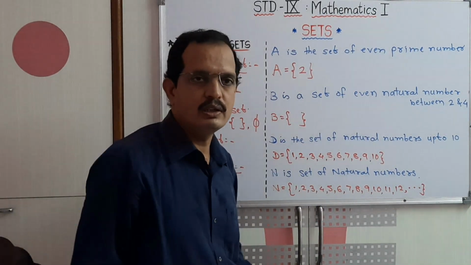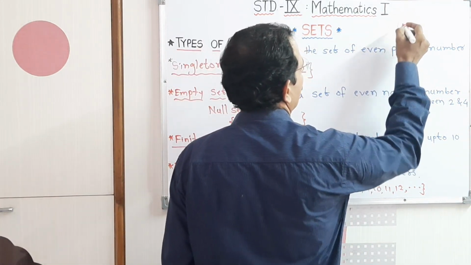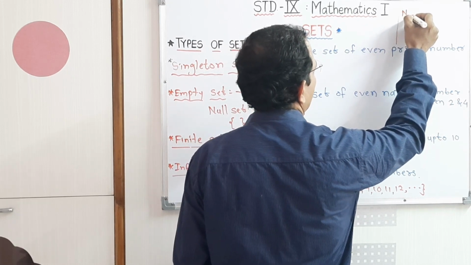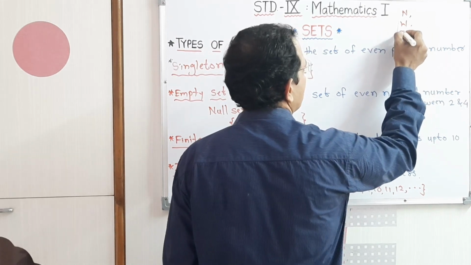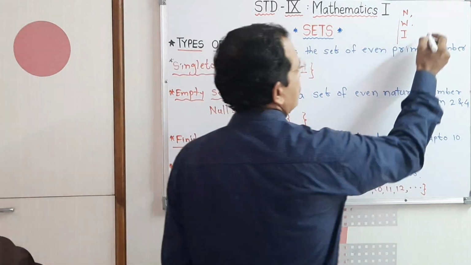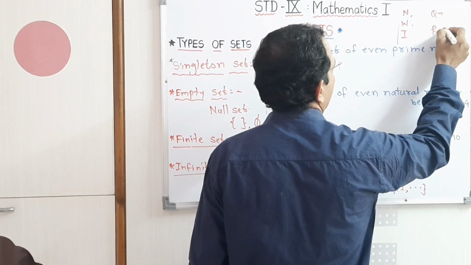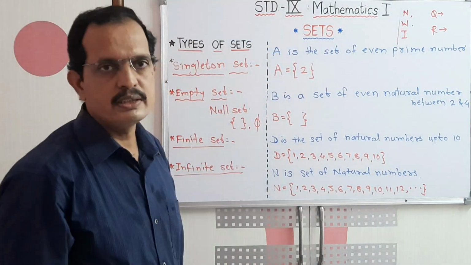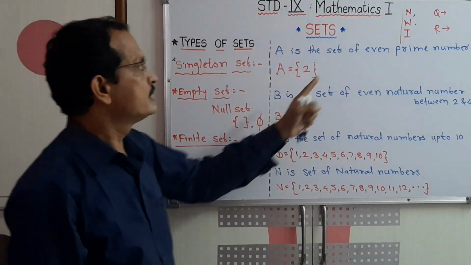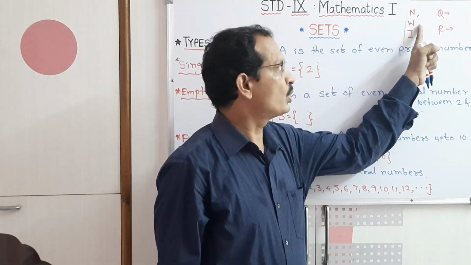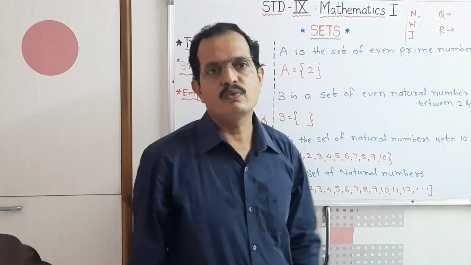In the first lecture, we learned sets of numbers. In sets of numbers, we saw the set of natural numbers. Then we learned the set of whole numbers, then the set of integers, then the set of rational numbers and the set of real numbers.